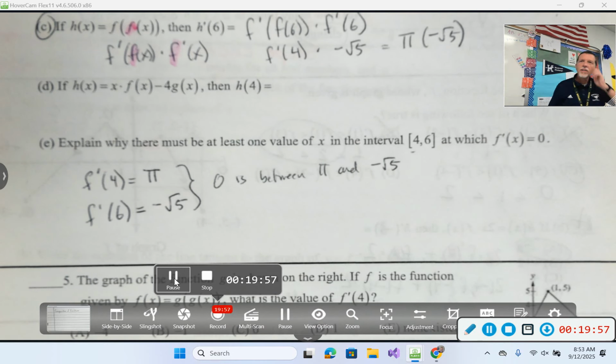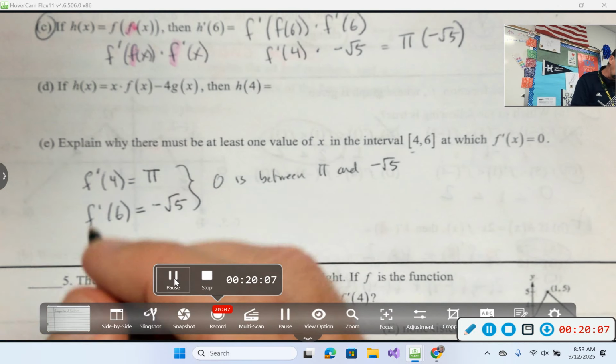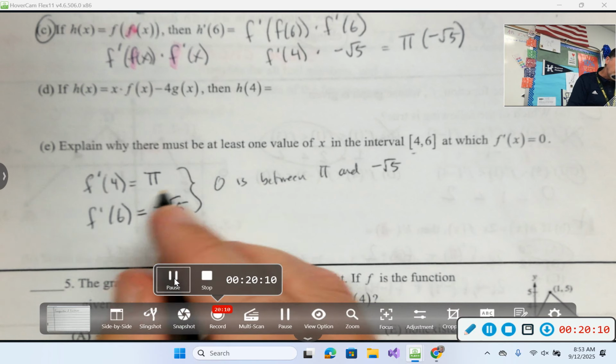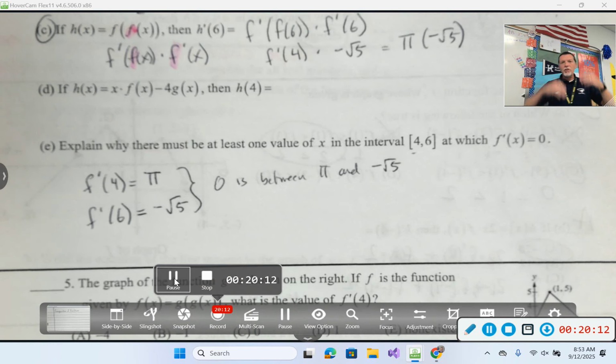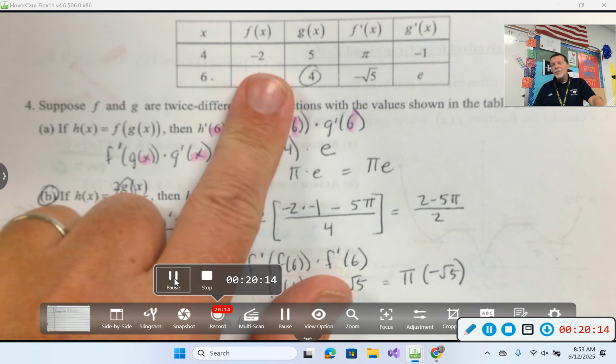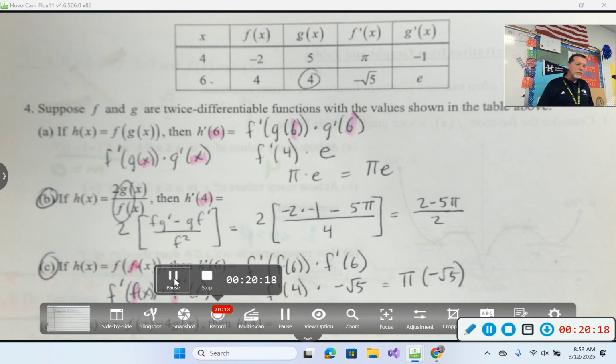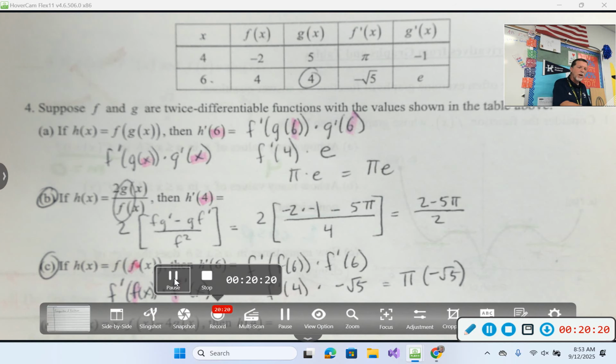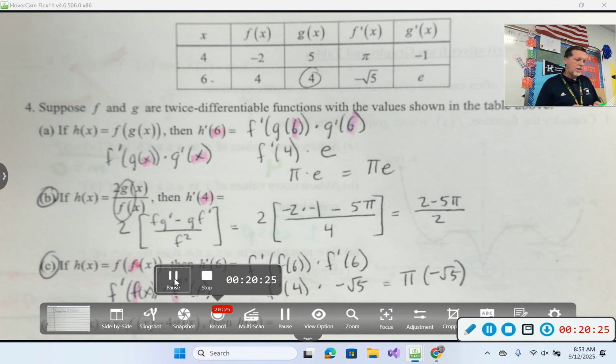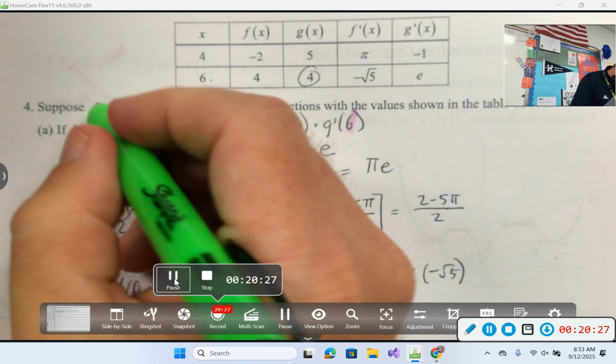Yes, sir? It's never stated that... Okay, so I can't make a conclusion yet until I know that this is continuous. So you're right. I need to say something about f prime being continuous for this to be true, right? Otherwise, f prime's jumping around. And if all we have is the table, maybe it does jump around. Is there something in this problem statement that would suggest that f prime is continuous? Oh, f and g are twice differentiable.